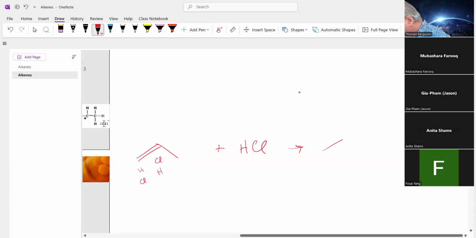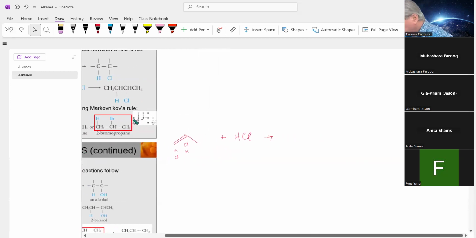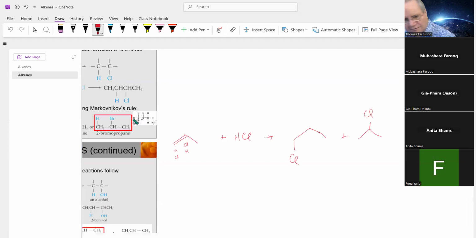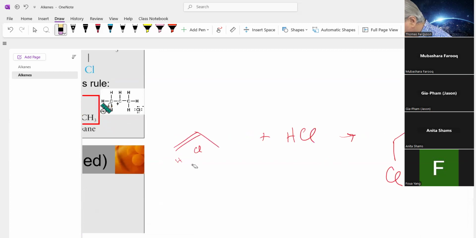So what's going to end up is going to look like this. So the H is going to go, let's see, let's do this a little differently. Let's do colors here. Blue.